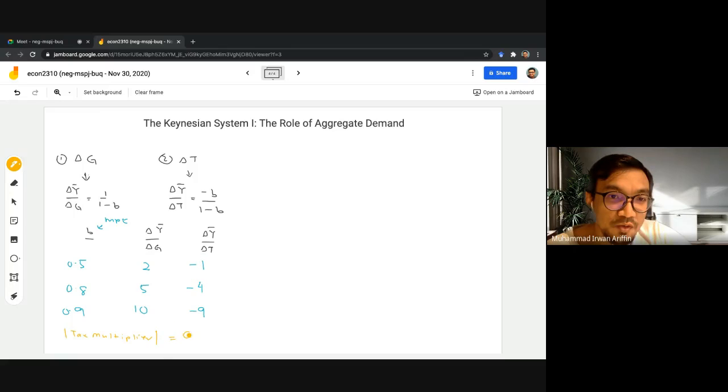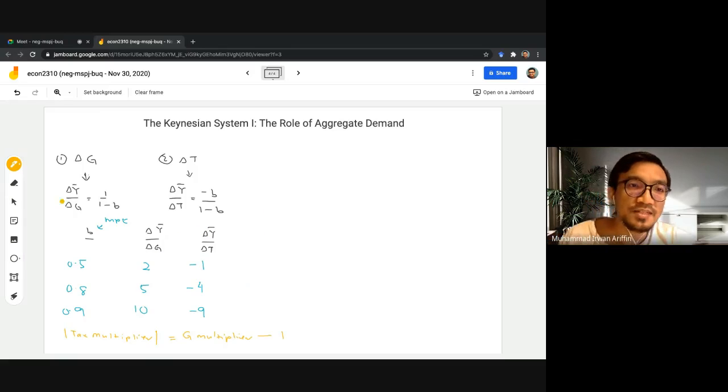It's always equal to the G multiplier minus 1. 10 minus 1 is 9, which gives us the absolute value of the tax multiplier. So this tells us that the tax multiplier is 1 unit less in absolute value than the government expenditure multiplier. So the G multiplier, in absolute value, is bigger than the tax multiplier.